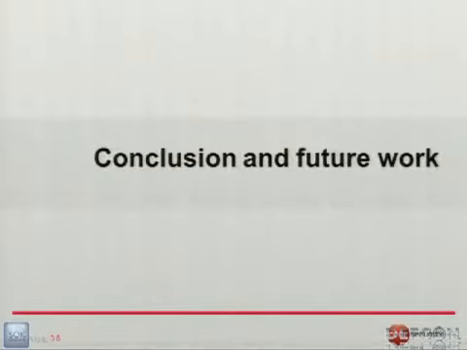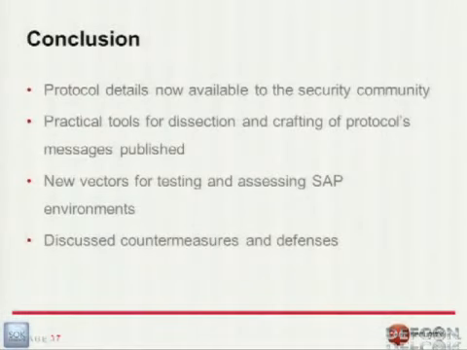So let's move on to the end. We have discussed what the protocol packets look like. The details about the protocol are now available. Practical tools, both for dissecting and for crafting packets, are available.